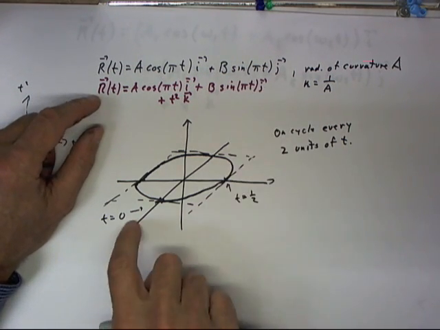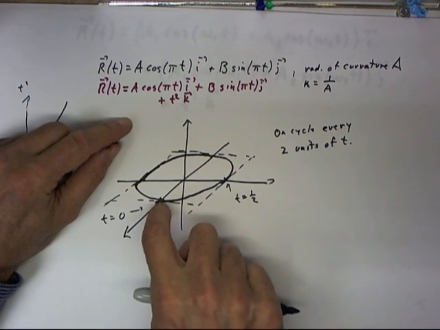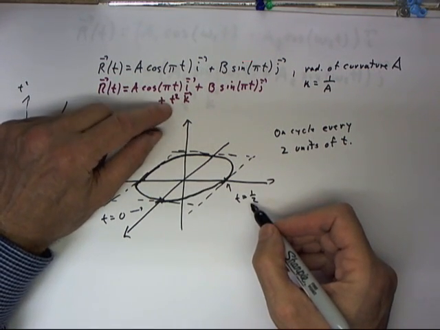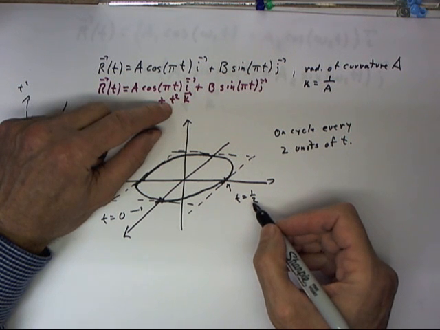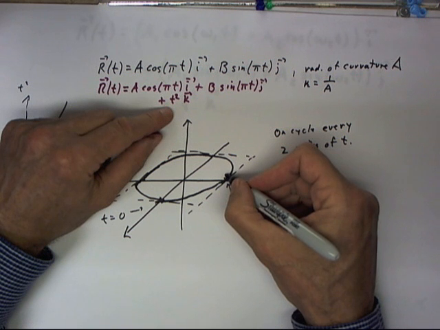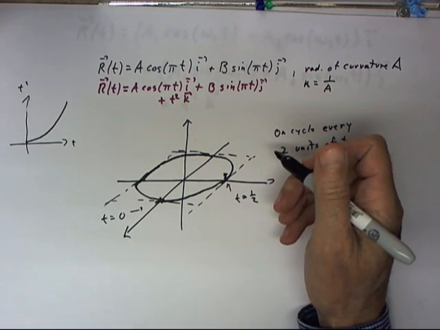Now at t equals 0, our t squared k was 0. That put us right on the circle. At t equals 1/2, t squared is 1/4. So for our k component, we're going to have to come up 1/4 of a unit here. So let's just put our point here, 1/4 of a unit above the circle.